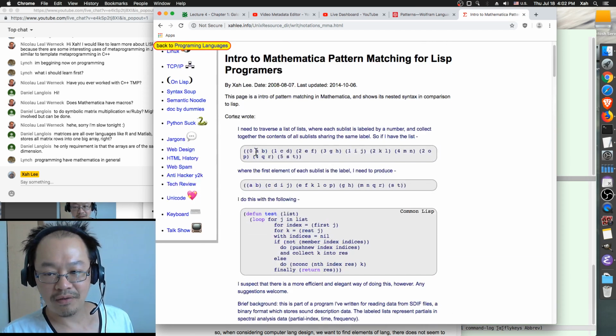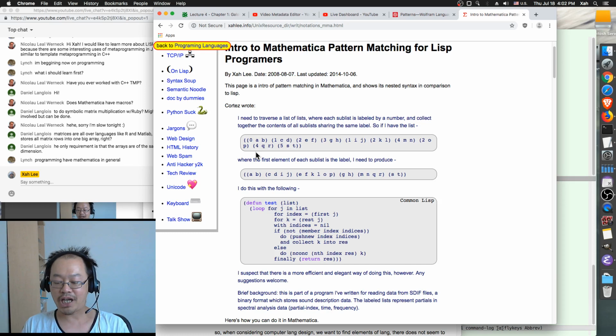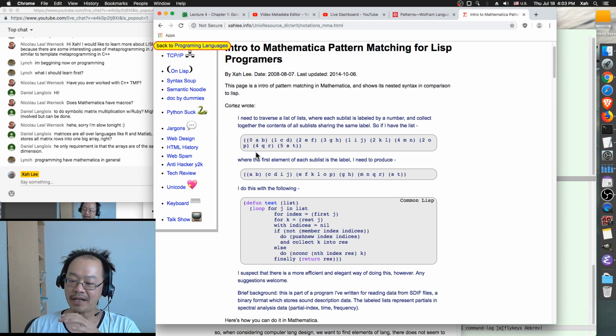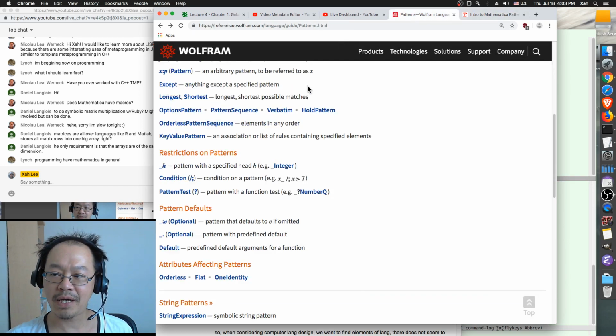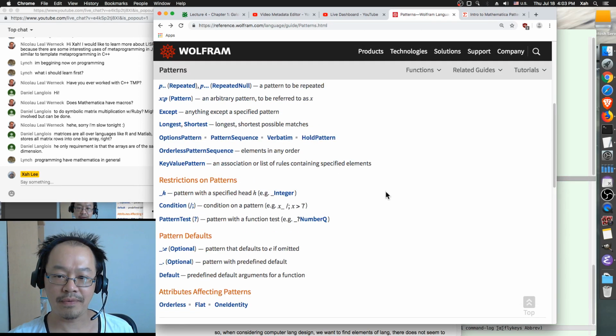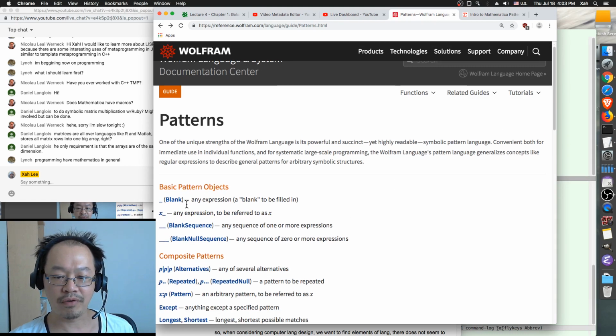But on the other hand, when you think of the whole thing as symbolic pattern matching, you have a function expression, which is an expression. That's a pattern, because you have a function name, then a bunch of arguments. Then you can define a pattern such that each argument is, in Mathematica, this form: x underscore.